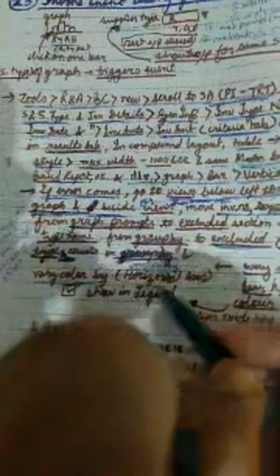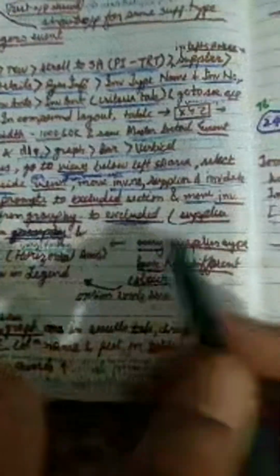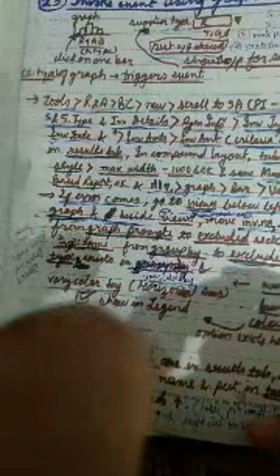Now this looks like this. In the horizontal axis, the supplier type name would exist, and every supplier type bar will have a different color.